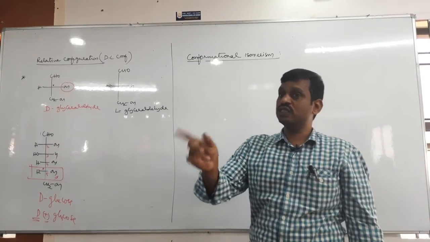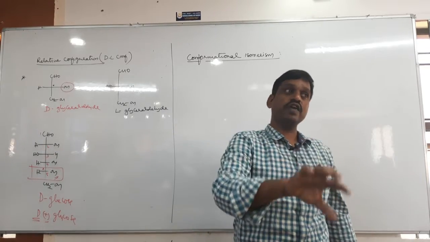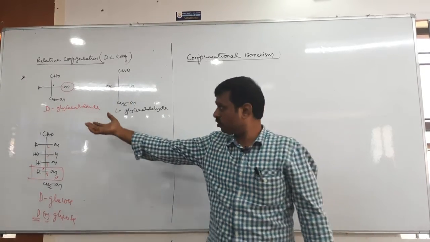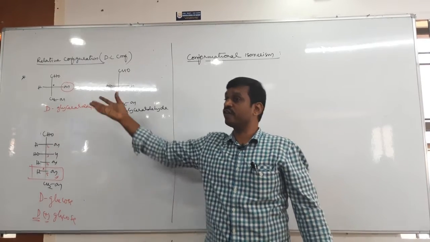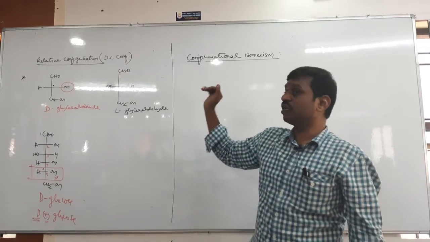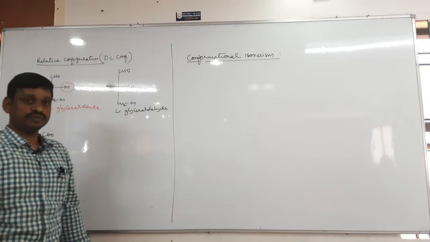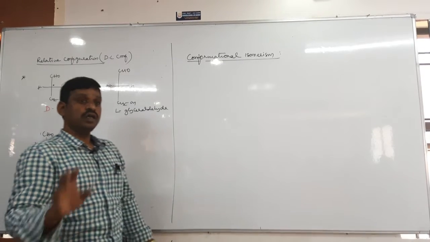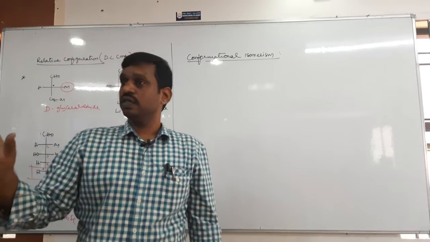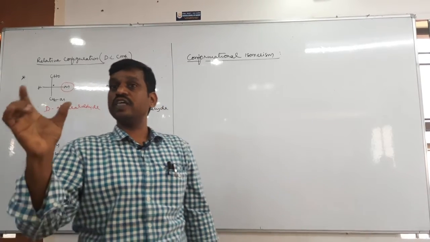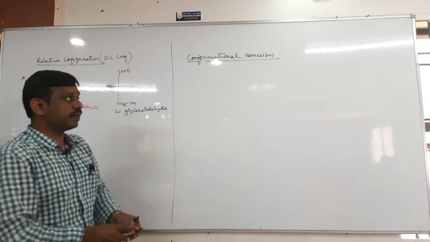What is the difference between configurational and conformational? Configurational isomers differ in configuration. We have studied DL configuration or RS configuration. They differ in configuration, and conformational isomers differ in conformation. What is the meaning of conformational isomers? Conformational isomers are isomers formed by rotation of the carbon-carbon single bond.